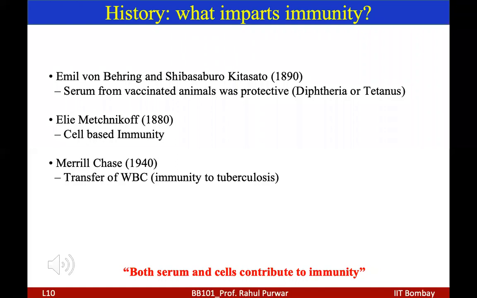But those companies have not performed extensive work on cell-based immunity. They have done some work, but extensive work is missing. And maybe this is the reason that for viruses and for intracellular bacteria, you need a vaccine that provides excellent cell-based immune responses, then those would be more successful.